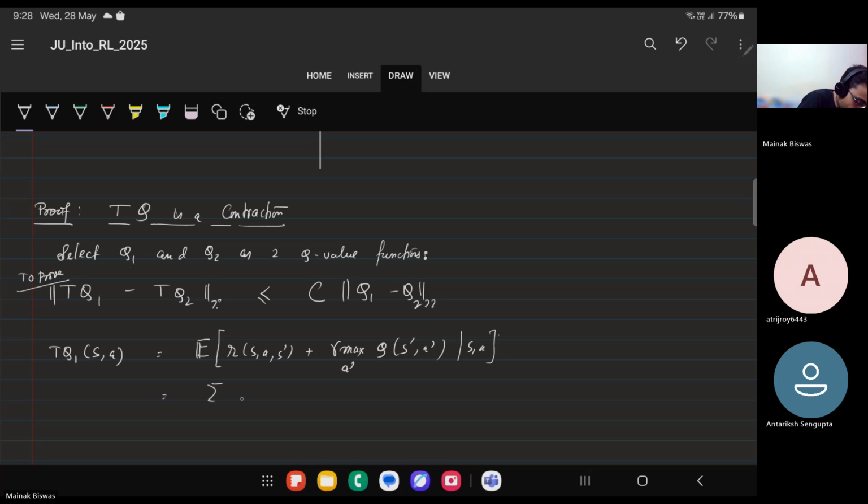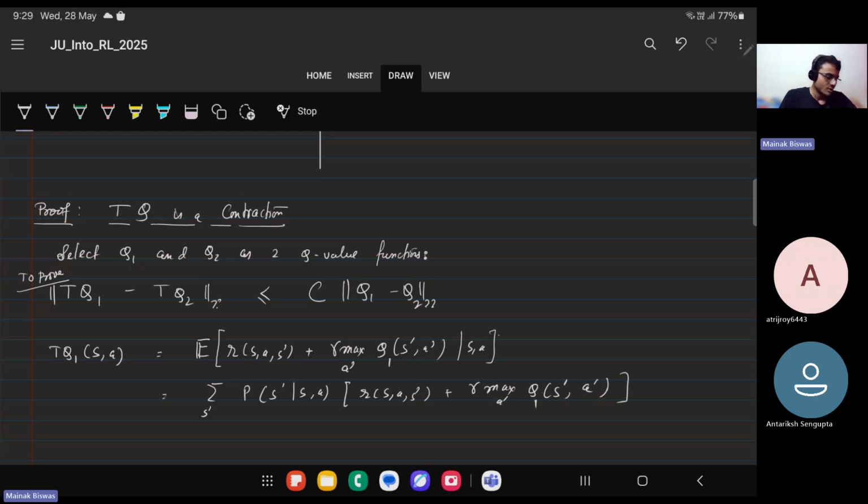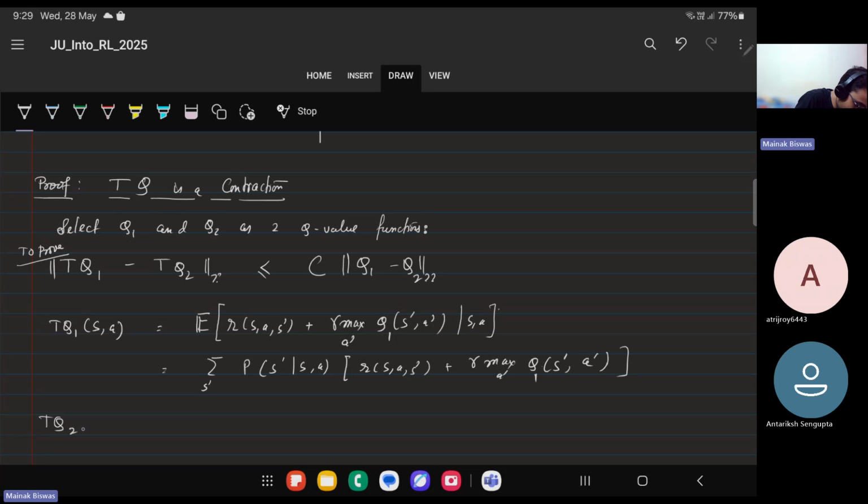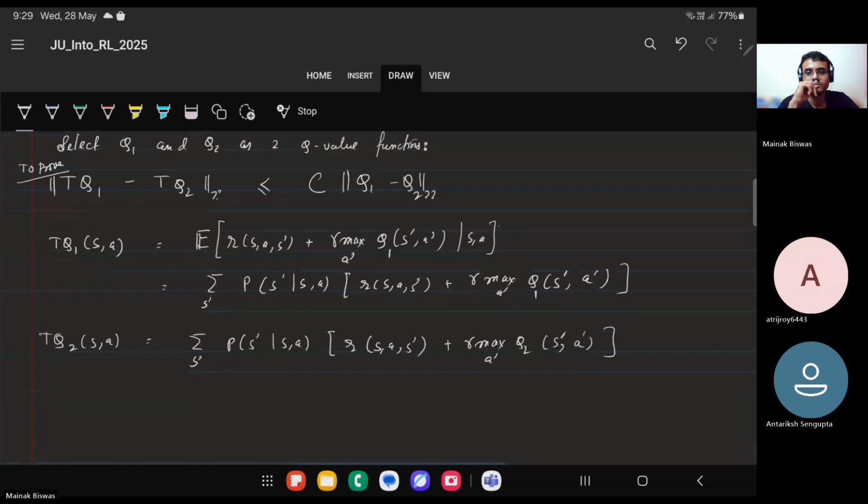Similarly, T Q2 of S comma A will be the same with Q2. Is this fine? Two equations I wrote.